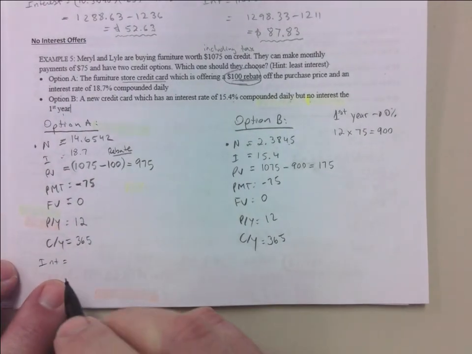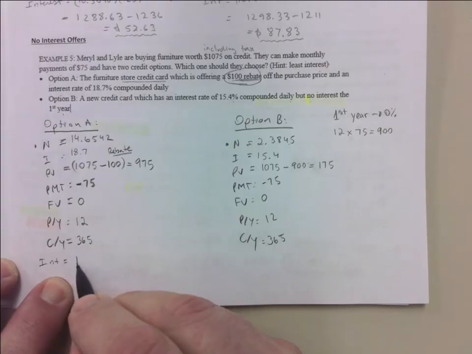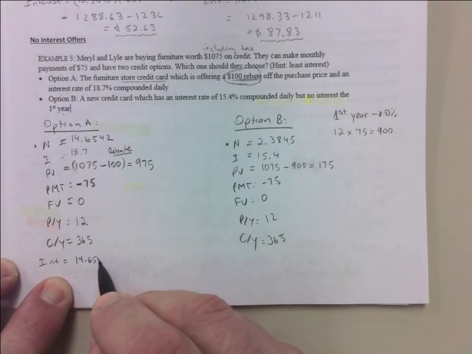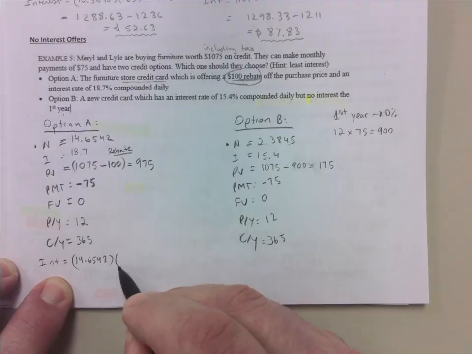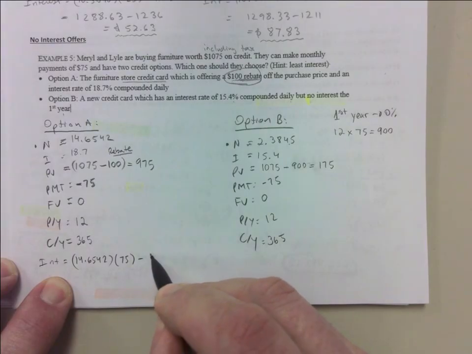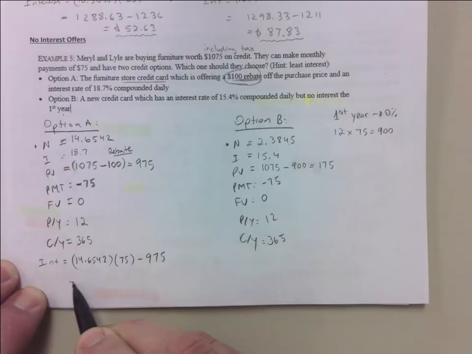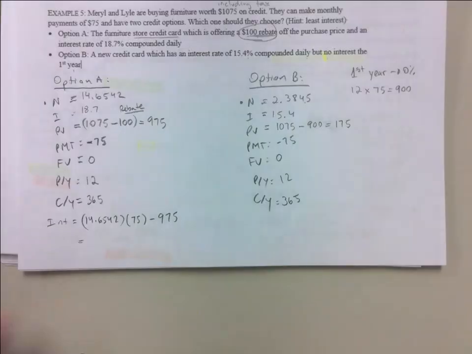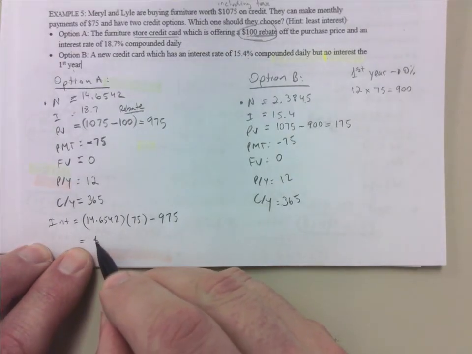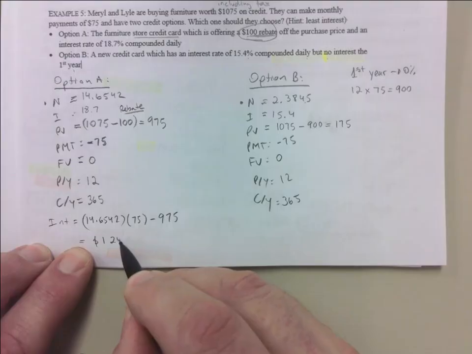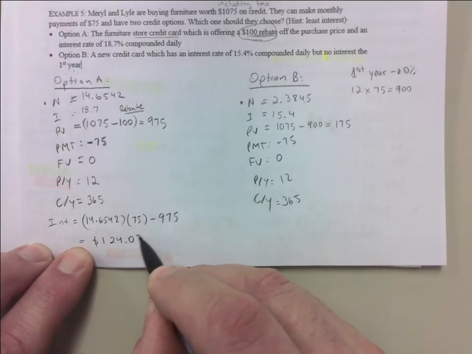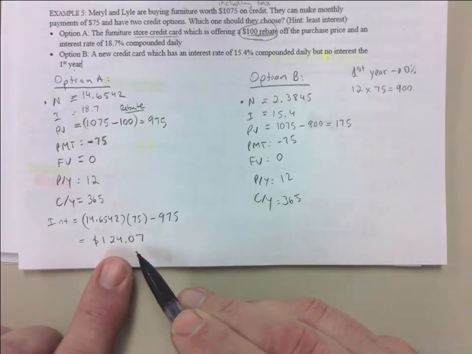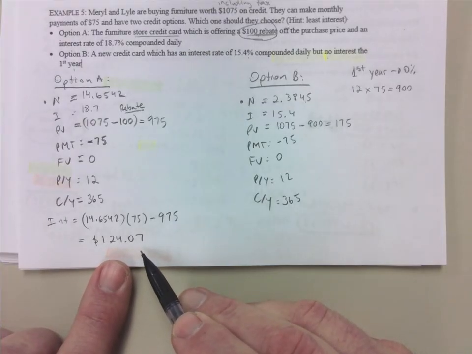So let's do the interest. This would be 14.6542 times 75 minus 975. Let me move that up for folks in the back there. This is the equivalent of 124.07 interest.